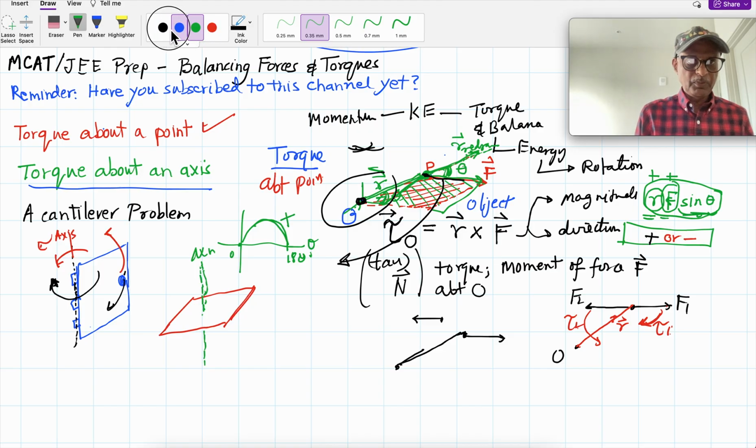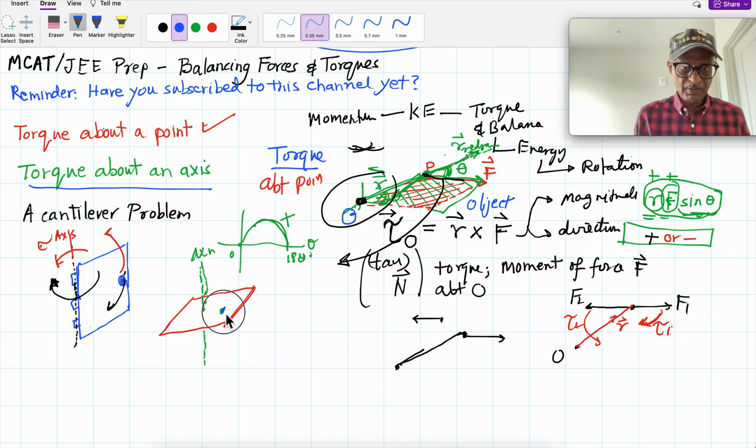So if you have, say, a force over here, let's draw it in color, and it's pointed that way, let's call this force F1. Then we will draw in this plane a line at 90 degrees to that. This is called the line of force.